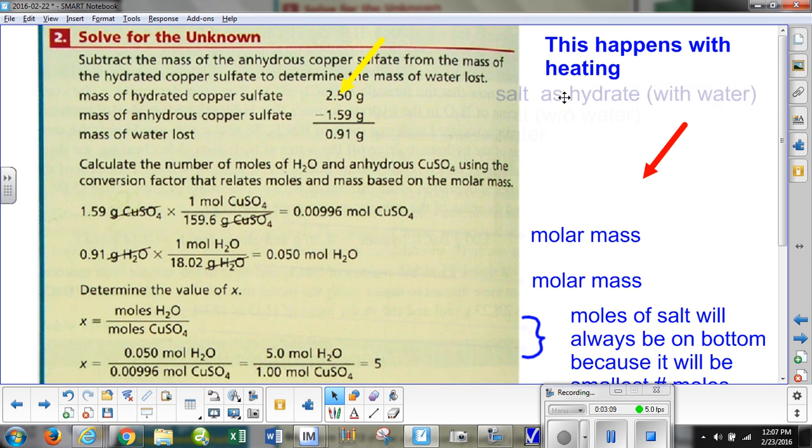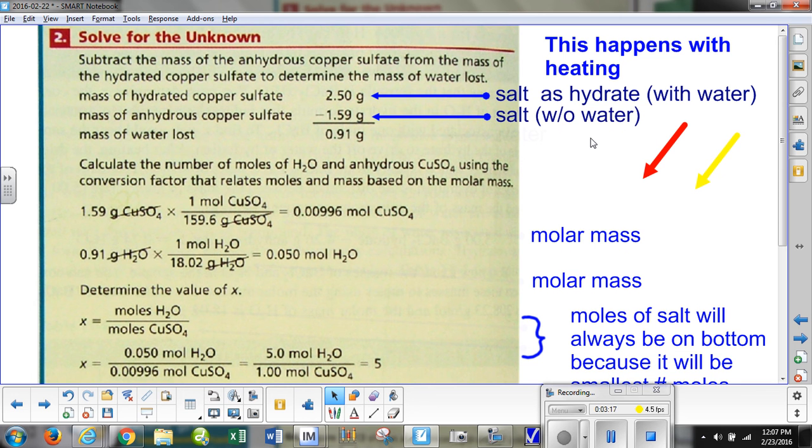So this is the salt as the hydrate. Next, we're going to look at this guy. What do we have here? That's the salt without the water. And they're calling it in this thing here the anhydrous, or without water salt. And this is the hydrated copper sulfate that has water with it.